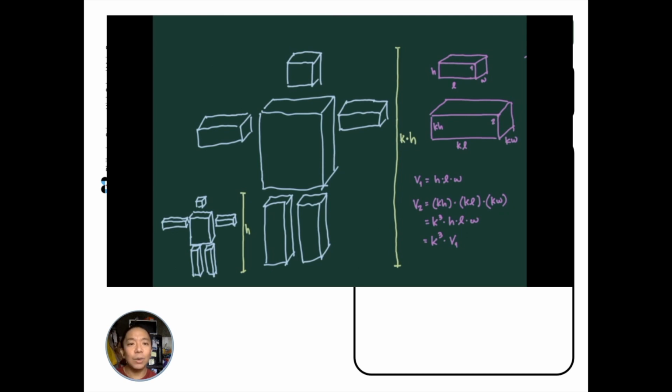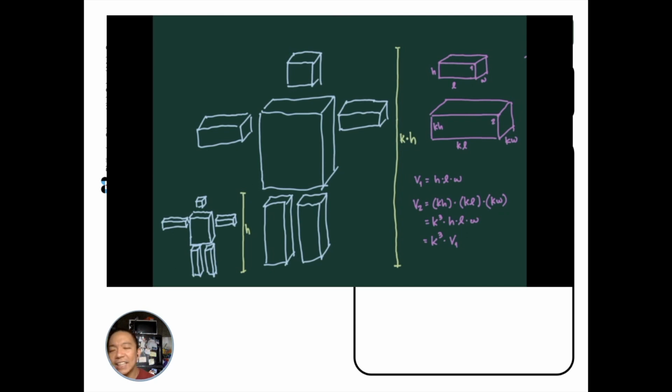Pag nag-scale ako ng length ng k, nag-scale ako sa lahat ng dimensions ng k, k cube yung scaling ng volume. This will apply for essentially all shapes. You could try it sa dimensions ng triangle na gagawing pyramid or sa dimensions ng circle na gagawing sphere. If you scale a single dimension by k, the volume scaling is k cubed.